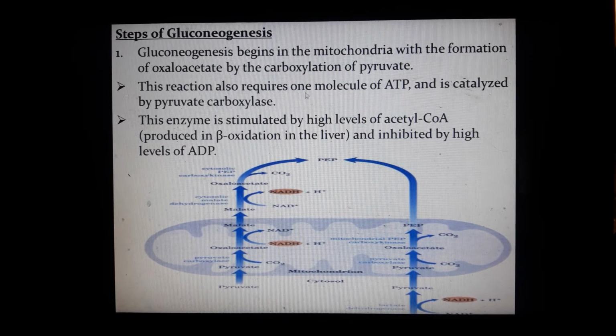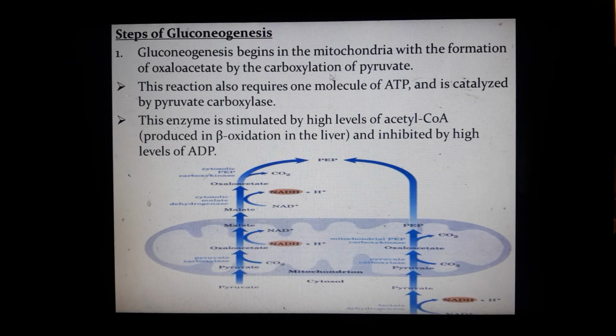This reaction also requires one molecule of adenosine triphosphate and is catalyzed by the pyruvate carboxylase enzyme. This enzyme is stimulated by high levels of acetyl-coenzyme A produced in beta oxidation in the liver and inhibited by high levels of adenosine diphosphate. So there is a utilization of your ATP.